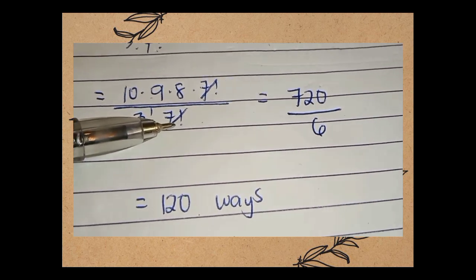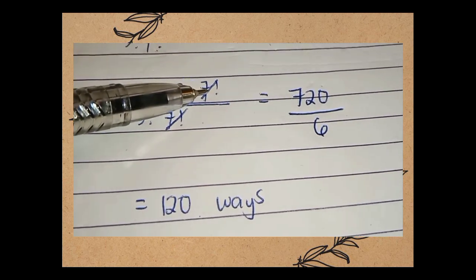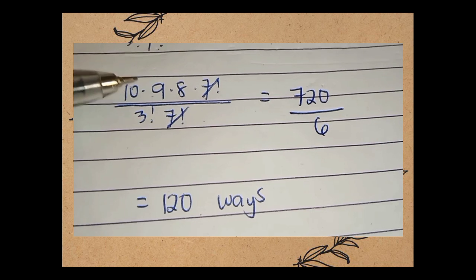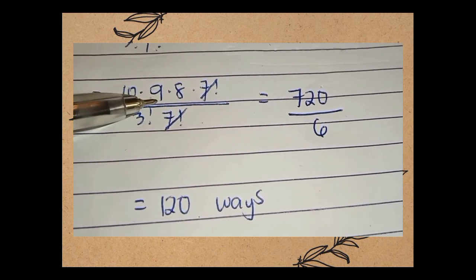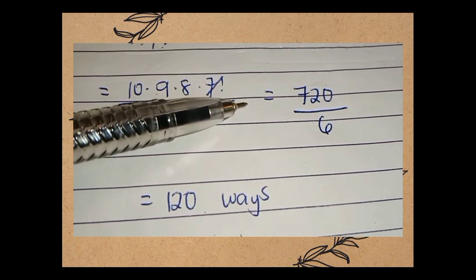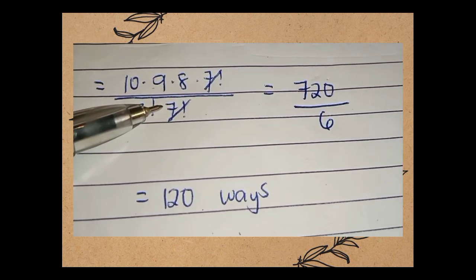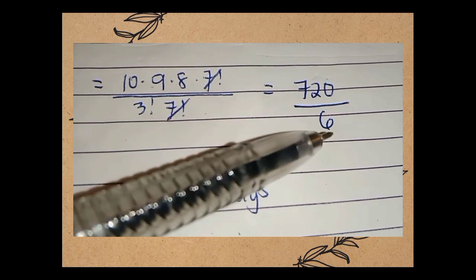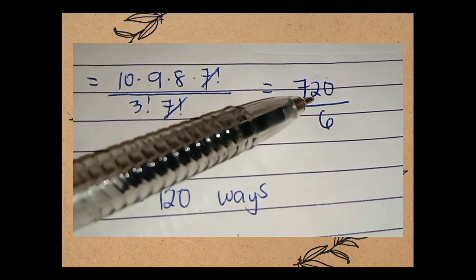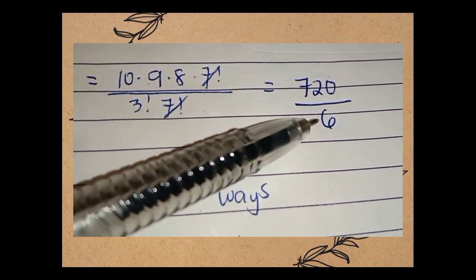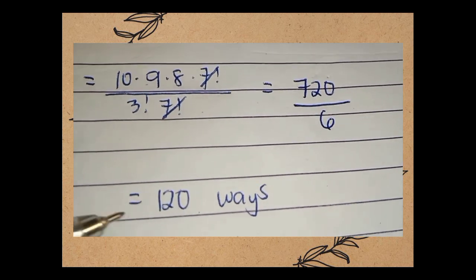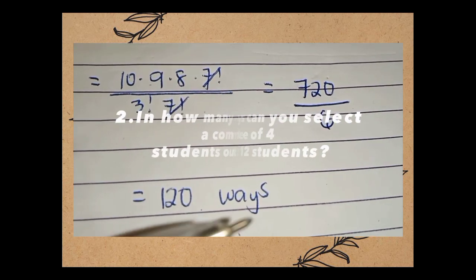Then we eliminate 7 factorial and 7 factorial. Then 10 times 9 times 8 is equal to 720. Then 3 times 2 times 1 equals 6. Then 720 divided by 6 equals 120 ways.